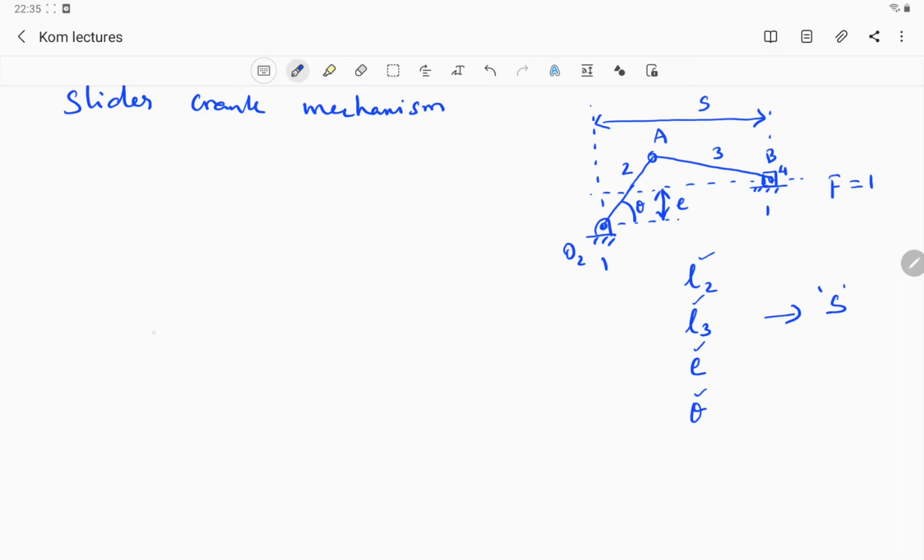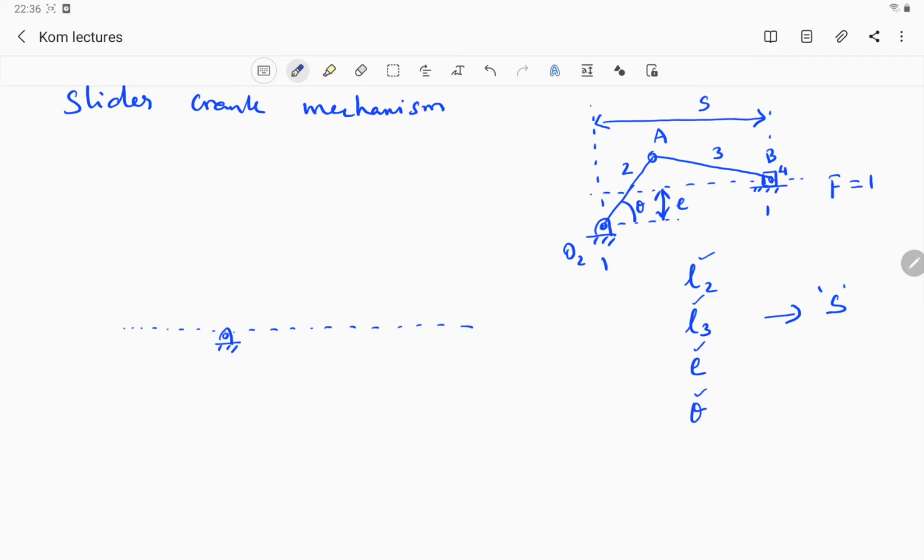So once again I can choose my O2 anywhere. And I'll do one thing: I will put a horizontal line which passes through this point O2.